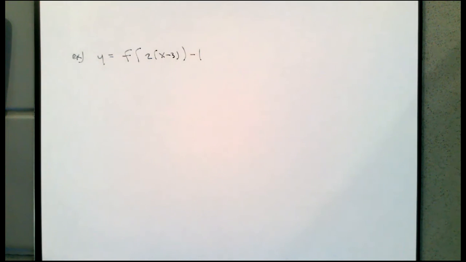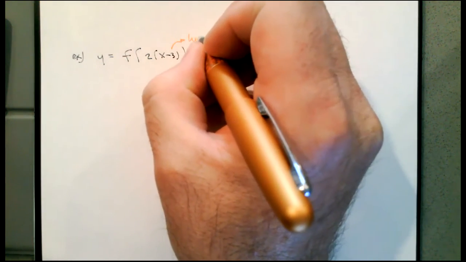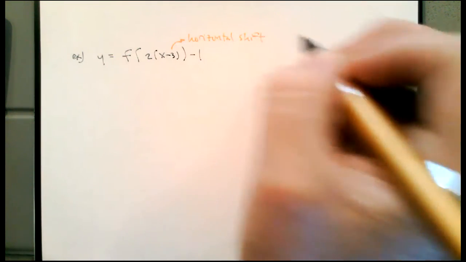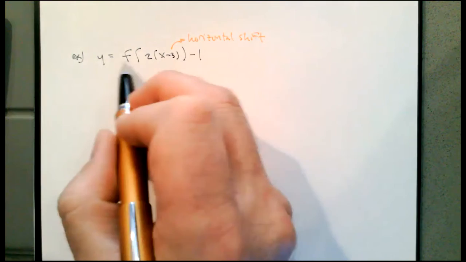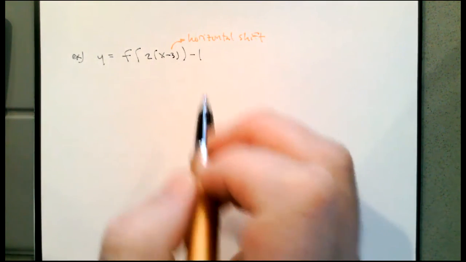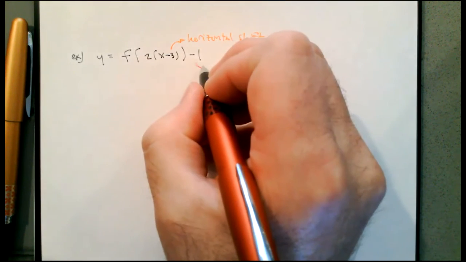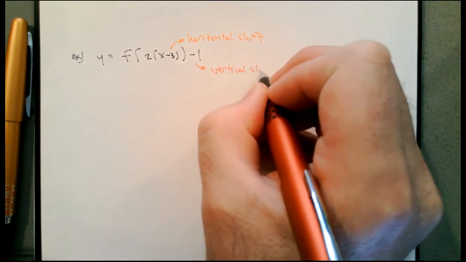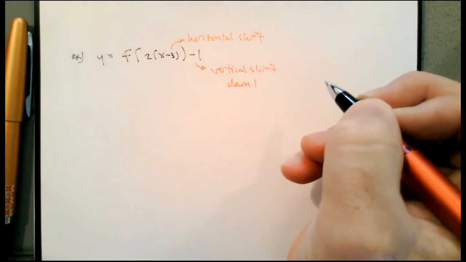This -3 means we're going to do a horizontal shift 3 units. Because it's addition and it's happening before the function. Addition means a shift. Before the function means it will be horizontal. The -1 is the vertical shift that we saw before. And we know that this is going to go down 1.